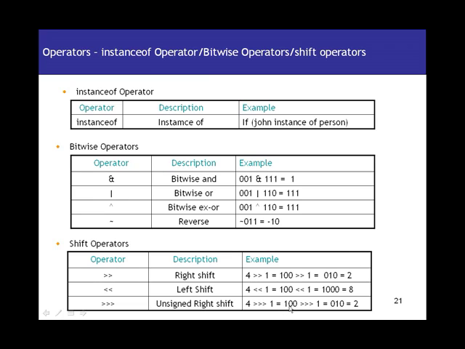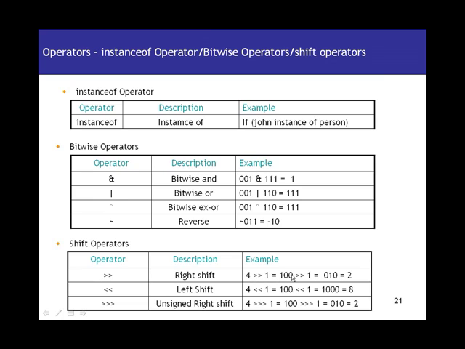In the normal right shift operator, if the value is 1 in the leftmost position, it's going to replace all the empty spaces by 1, and if the value of the leftmost position is 0, it's going to replace all the empty spaces by 0.